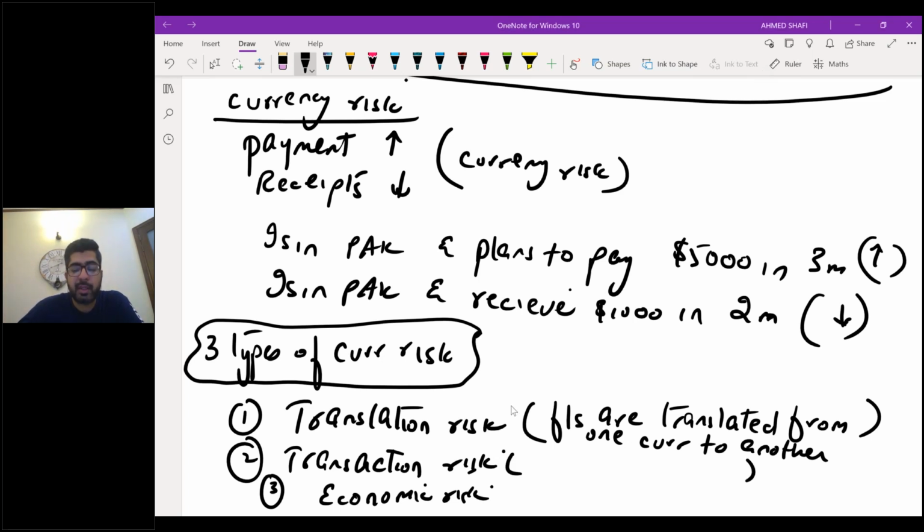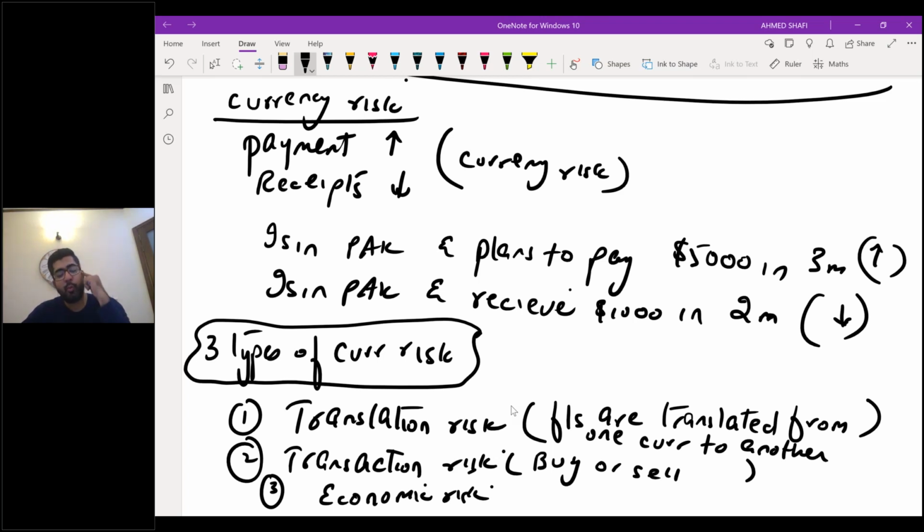Transaction risk is the risk which occurs on a transaction, buy or sell. Like a company is buying something. Obviously, when you buy something, there is a risk that rates go up. When you're planning to sell something, there is a risk that rates go down.